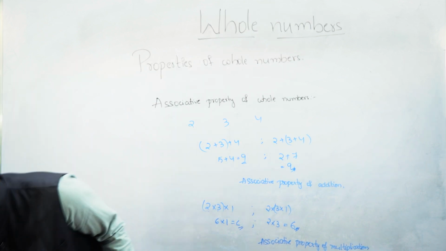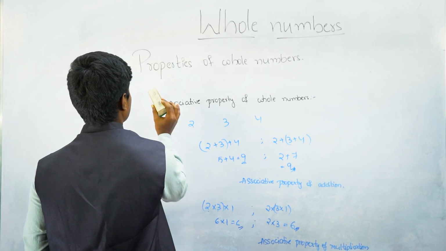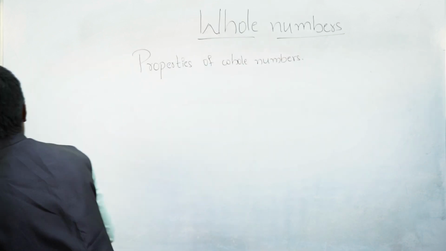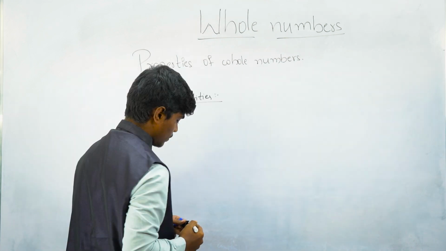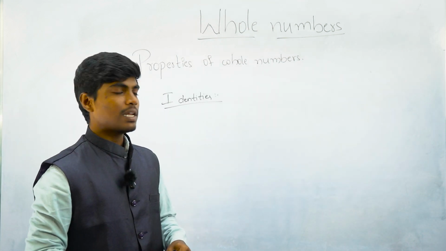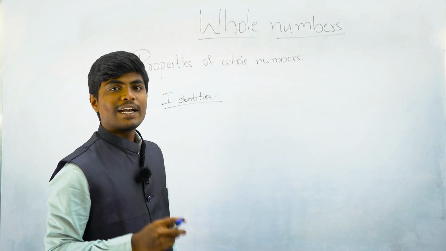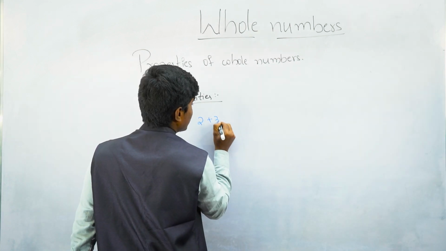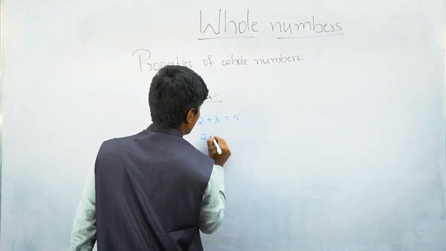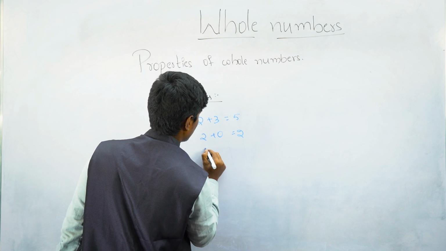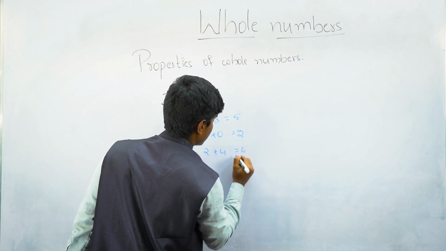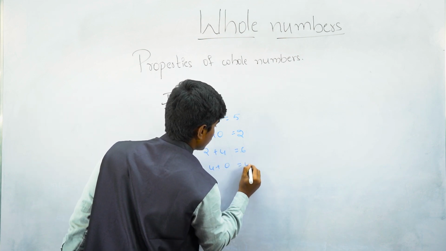Now let's discuss identities. See, suppose let's perform some addition operations. 2 plus 3 is 5. 2 plus 0 is 2. 2 plus 4 is 6. 4 plus 0 is 4.